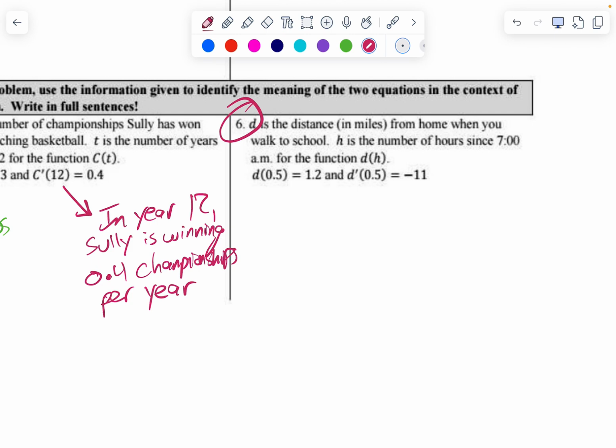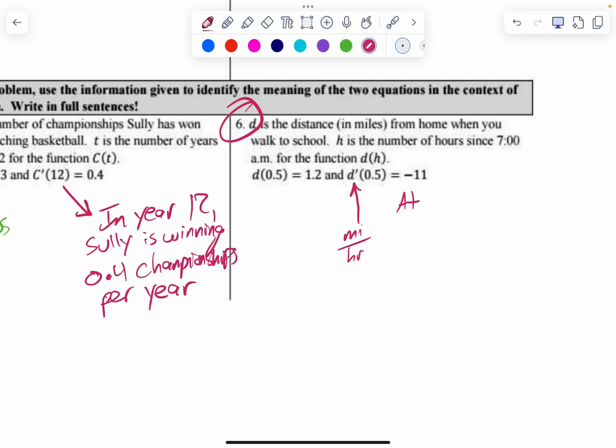What should we say? What does D prime mean? Interesting. So negative at what does the 0.5 represent? 30 minutes.